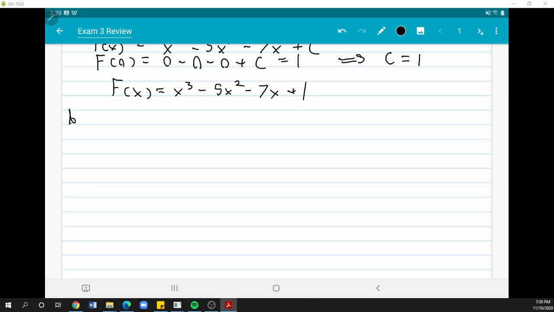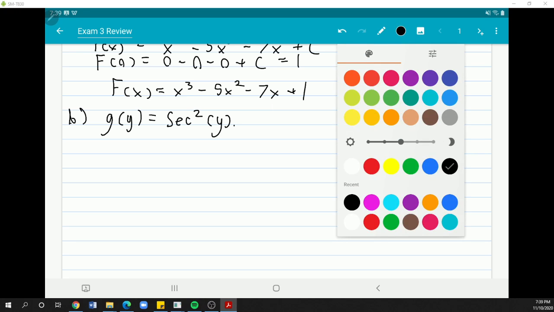Alright, next on to problem B. So here, g of y is equal to secant squared y. This problem is a very important type because it basically tests, do you remember the trig stuff?